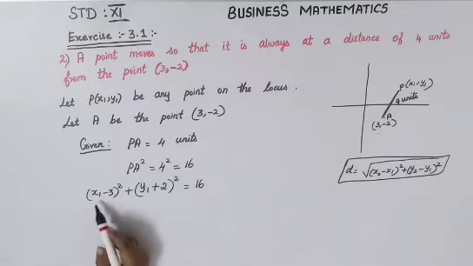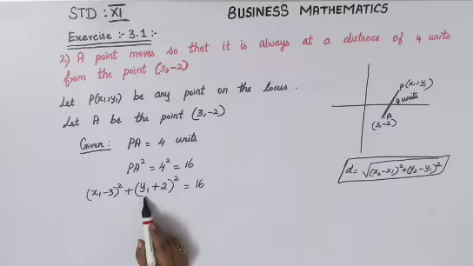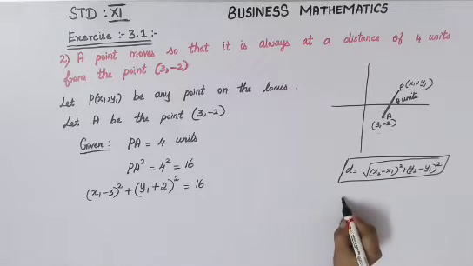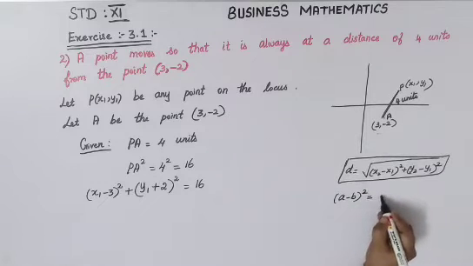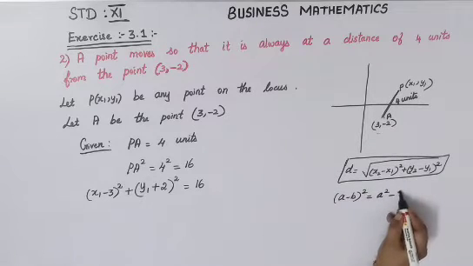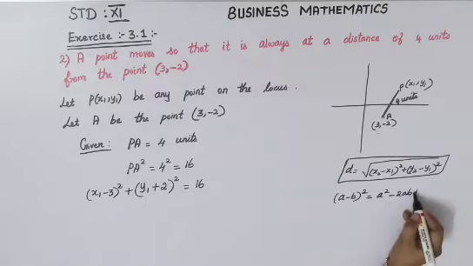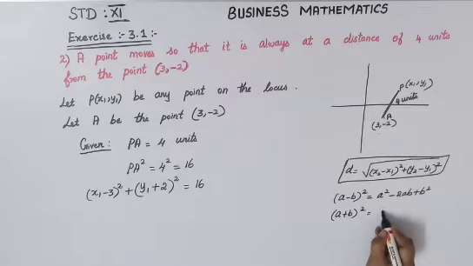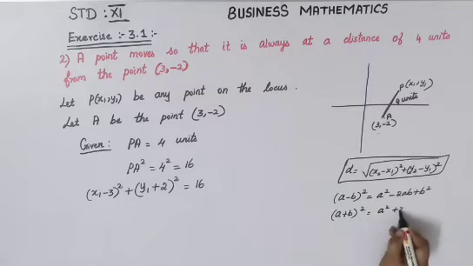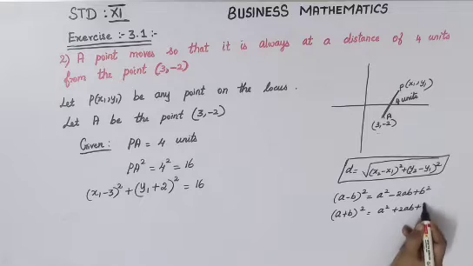Now, expanding: here it is (A minus B) the whole square and here (A plus B) the whole square. The expansion of (A minus B) the whole square is A square minus 2AB plus B square, and (A plus B) the whole square is A square plus 2AB plus B square.